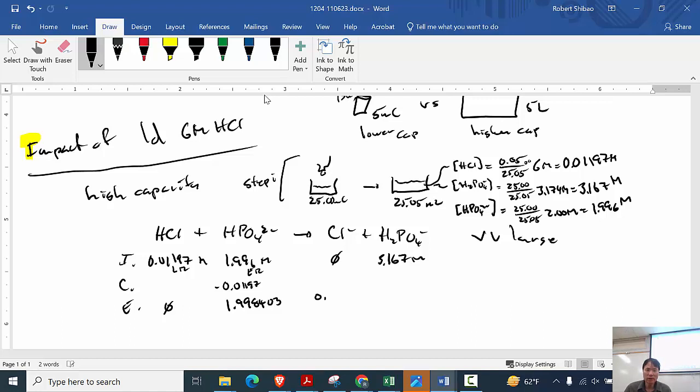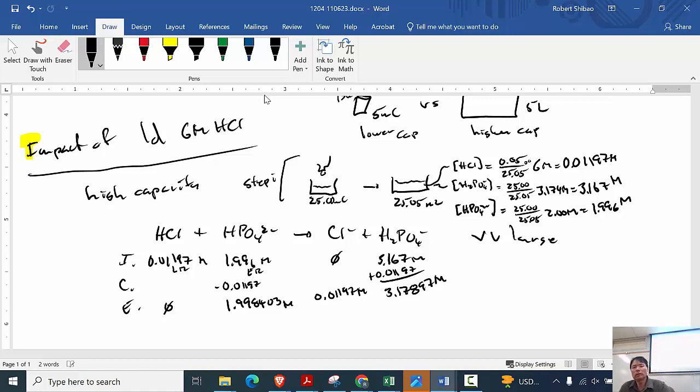Over here I'm going to have plus 0.01197. Over here I'm going to have plus 0.01197. And so 3.167 plus 0.01197 is a 3.17897 molar.